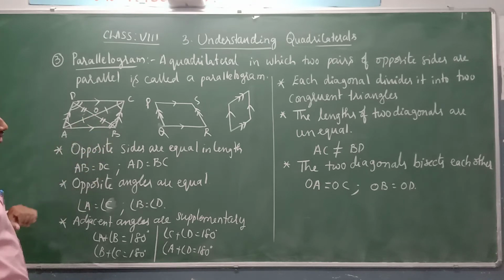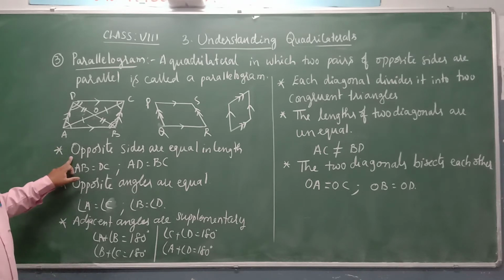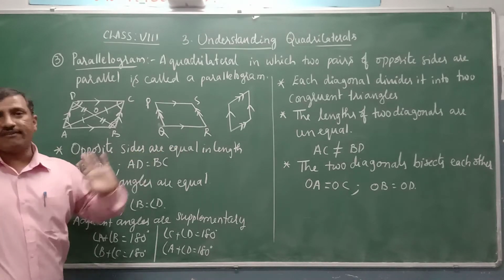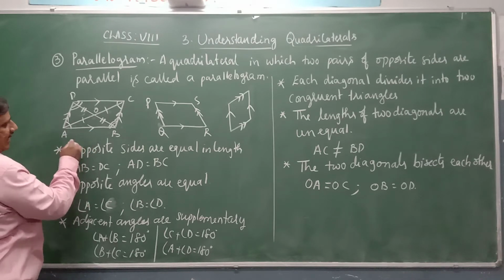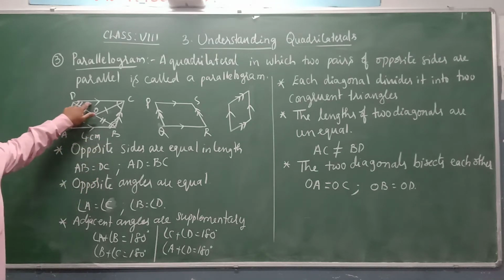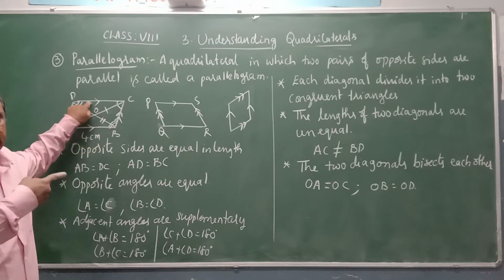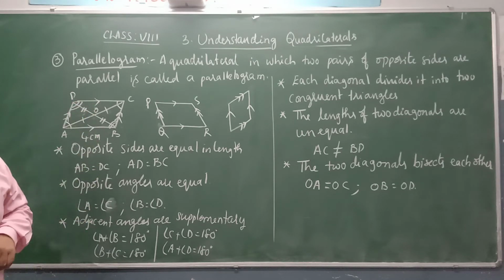Now, many questions can be asked like this. First property, opposite sides are equal in length. Question: if AB is 4 centimeters, then how much will be CD? Yes, it is 4 centimeters because the opposite sides are equal.